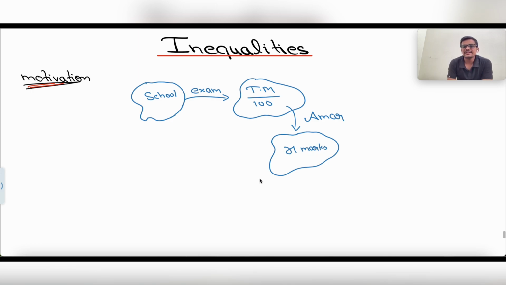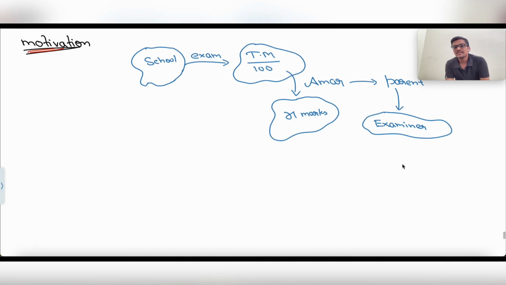Now Amar's parent wants to know whether his son passed this exam or not. So he went to the examiner, or we say his teacher. There the teacher gave some condition about pass and fail.